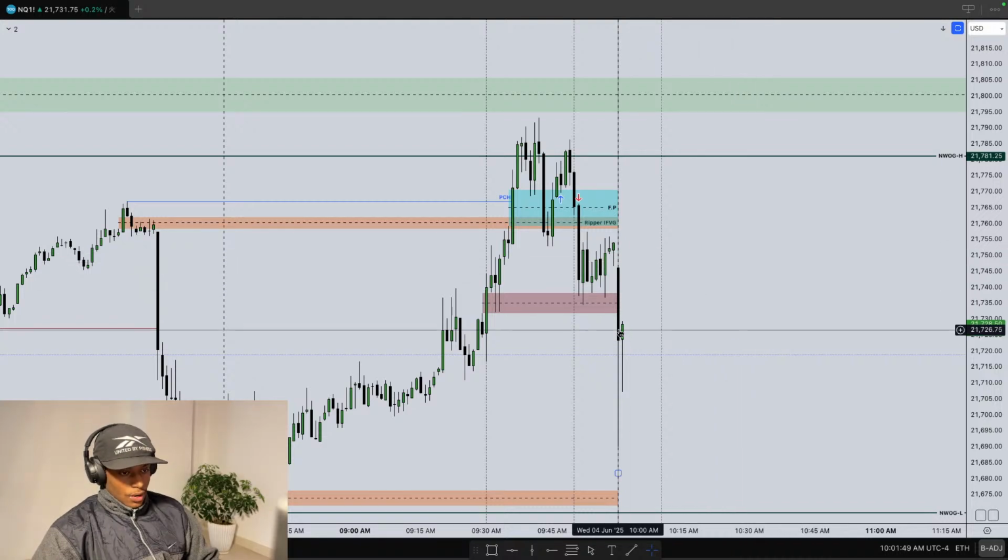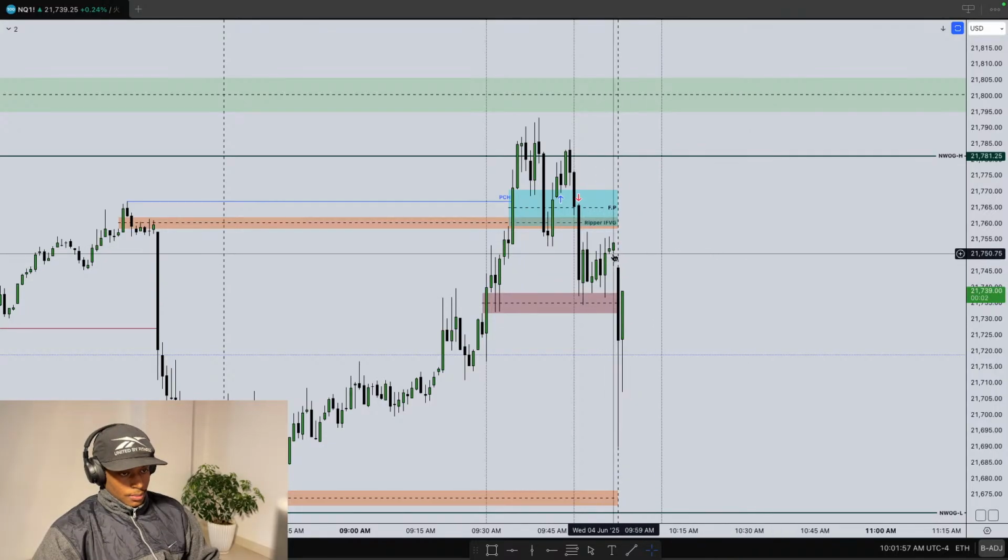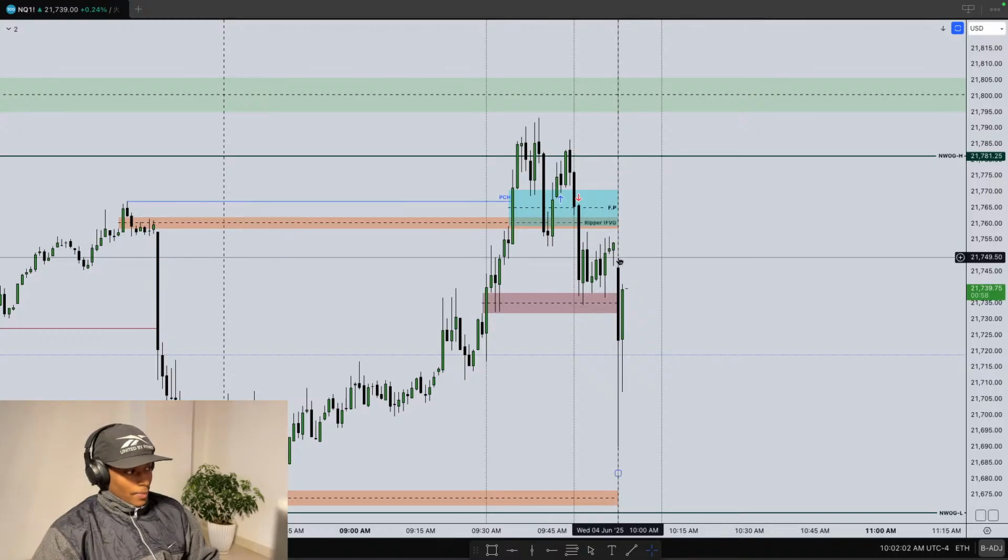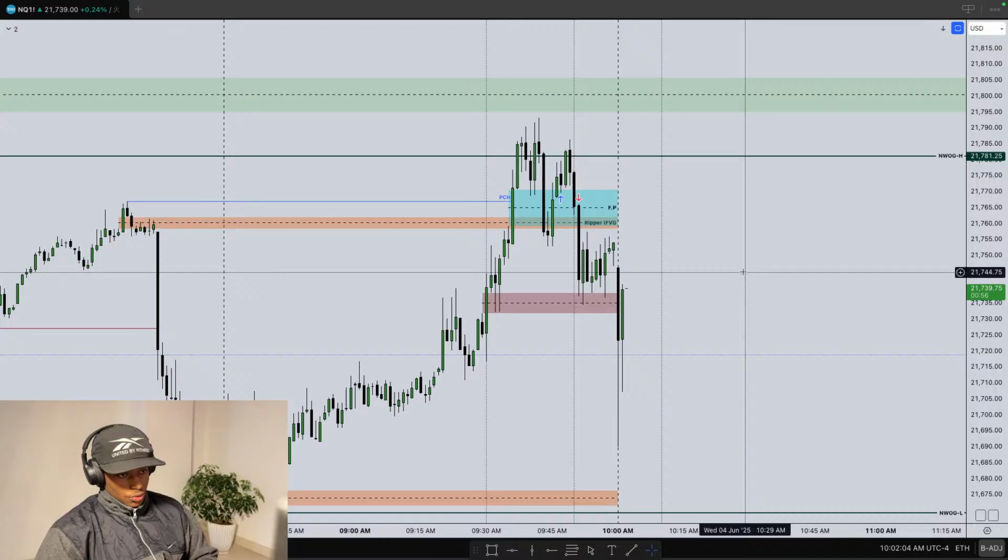Obviously, for me now, what's obvious? This gap in here, we're going to get back into it. That's very obvious. That's the most obvious thing there is right here. But what I want to see is what we do after we get into this gap by 10:15. That's what I'm trying to see.